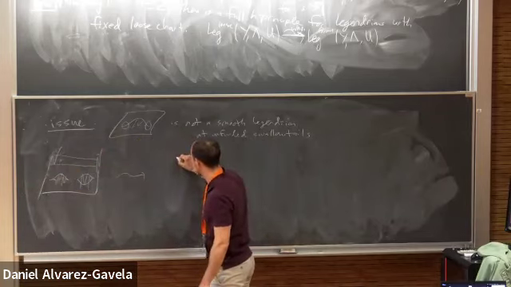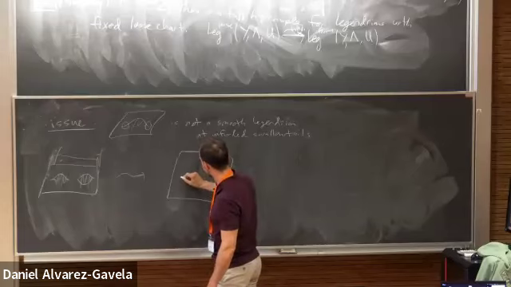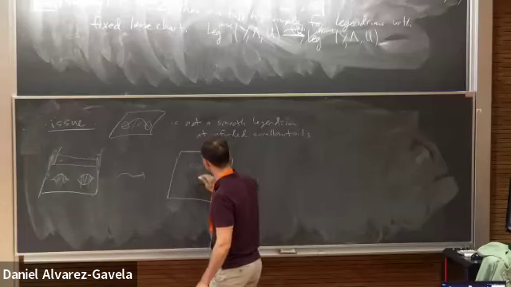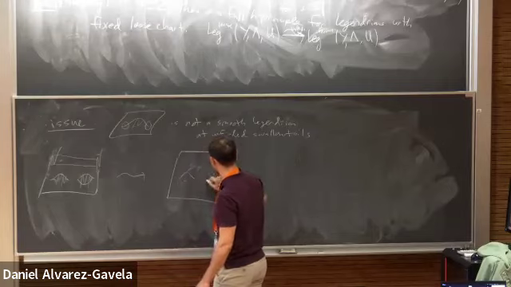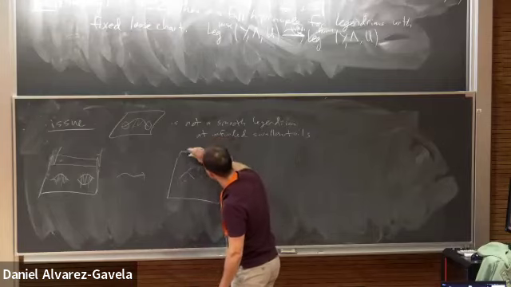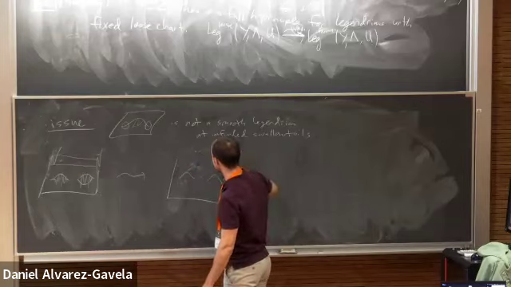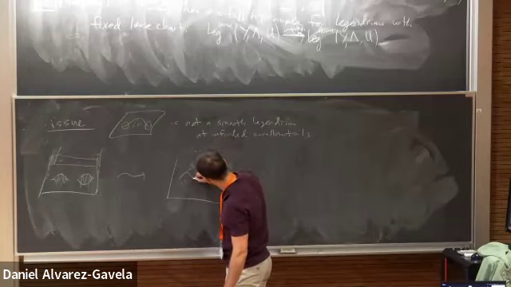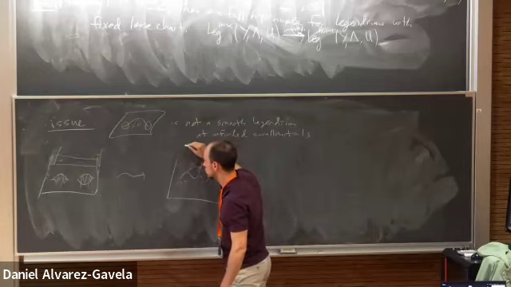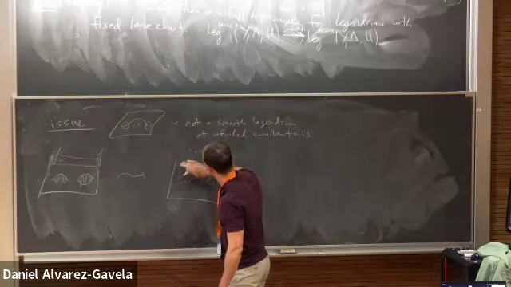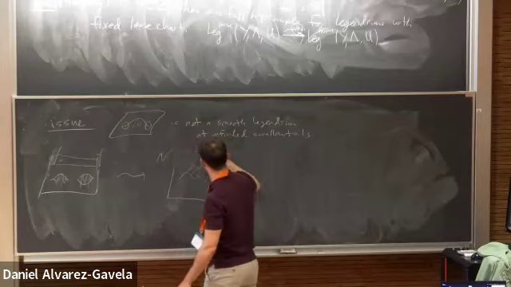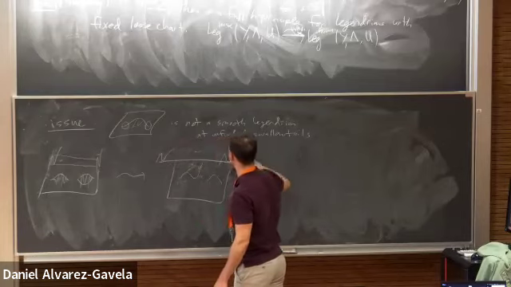So let me try to draw the picture. And then over here, you had this loose chart. Okay. So you had this loose chart, and it was kind of propagating throughout.